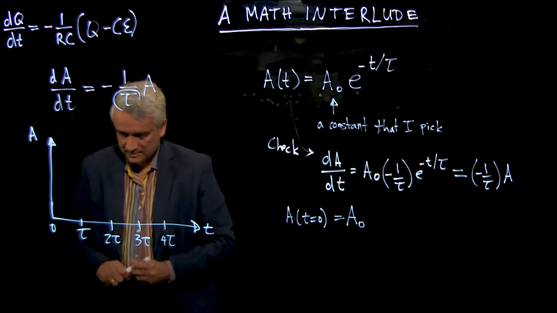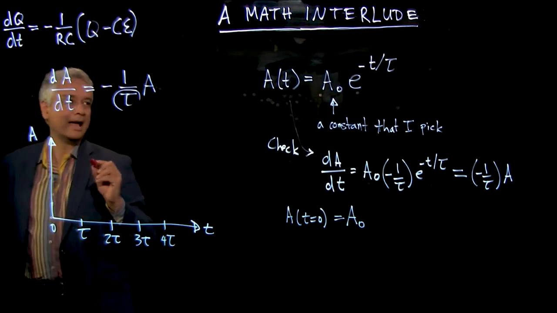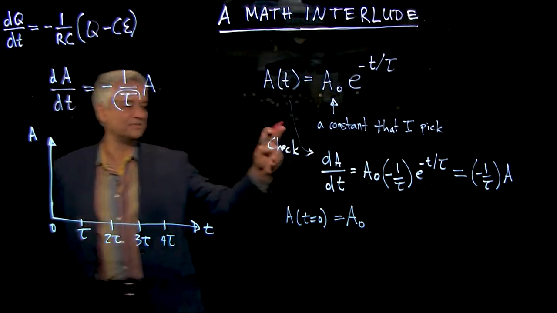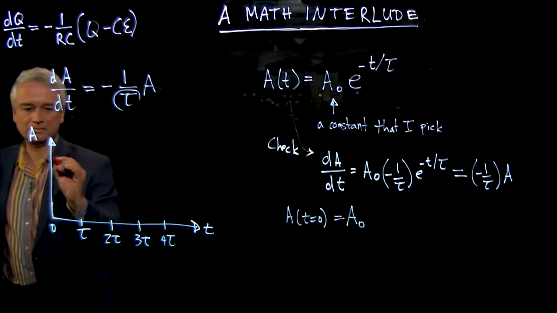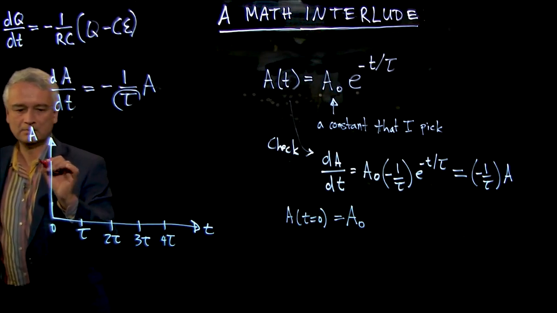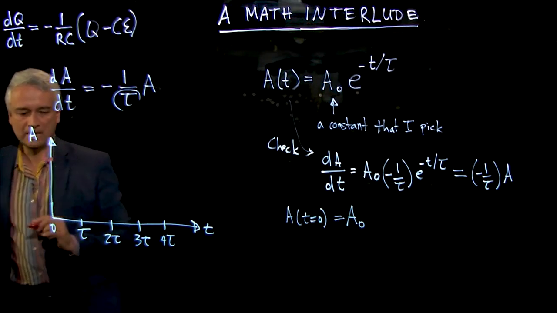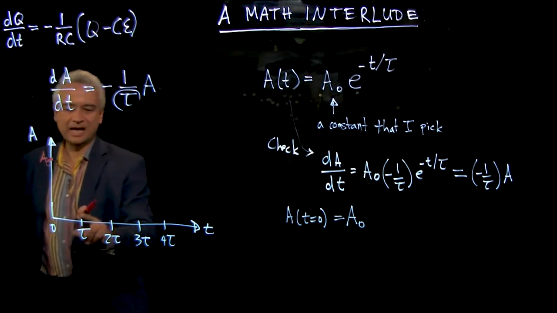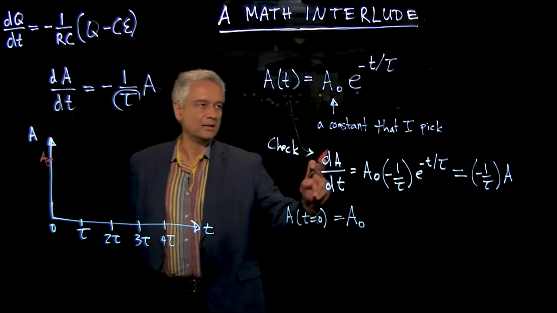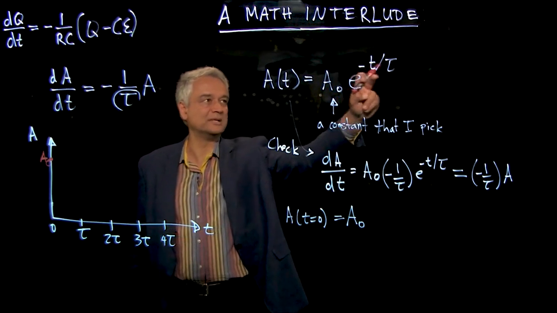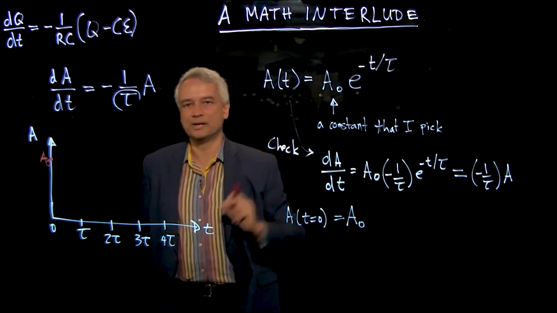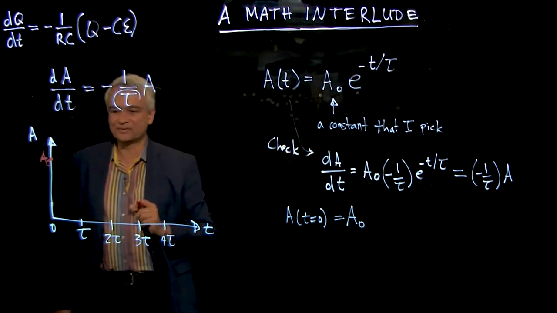And at time 0, what's A of t? Well, at time 0, it's equal to A naught. And at time tau, when t is equal to tau, it's A naught e to the minus 1. 1 over e is about 0.37.